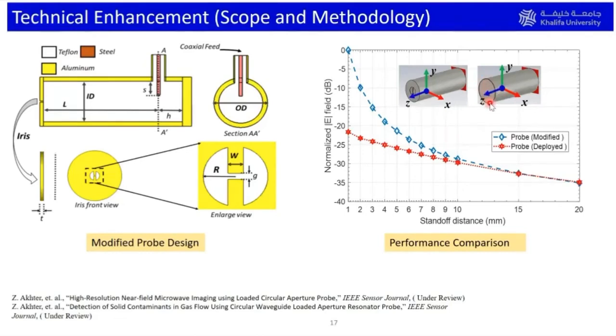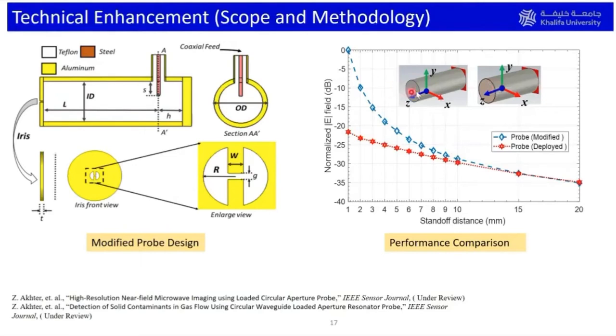What we think is that if we attach a resonant iris on top of it, it somehow increases the electric field intensity near the probe. While doing the numerical simulation we identified that up to 10 mm the electric field intensity of this probe is greatly improved, although beyond 10 mm the electric field intensity is almost identical.